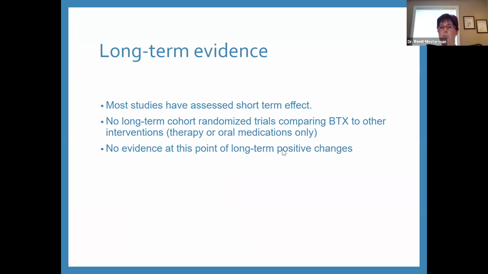But it is important to recognize that we don't have good evidence that it makes a difference in the long term. I often have this discussion on an observational level with therapists and colleagues who have been around for many years, and there's often a feeling that our patients seem to do better these days compared to patients 20 or 30 years ago, and people relate this to the use of Botox. I often wonder if it's not only the intervention, but also the rest of the supports that we're doing differently.